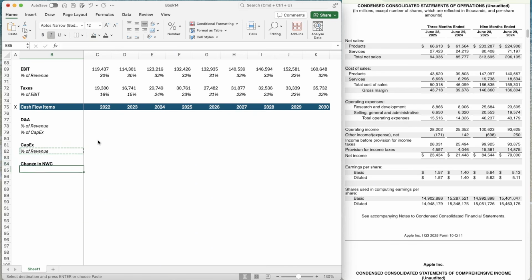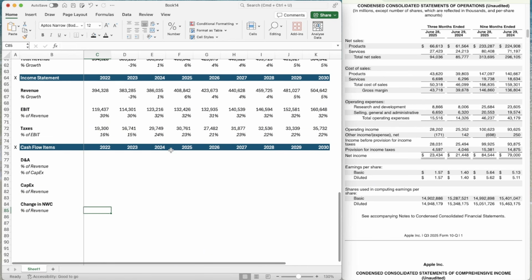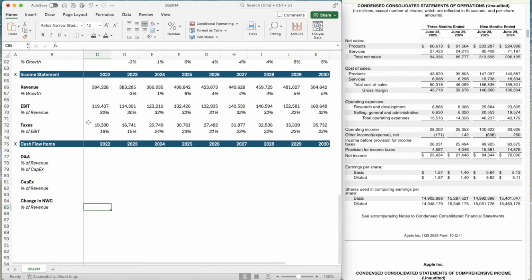And we want to know what that is as a percentage of revenue. Pretty much from these 5 figures is how you will calculate the unlevered free cash flow. So let's start filling these out.